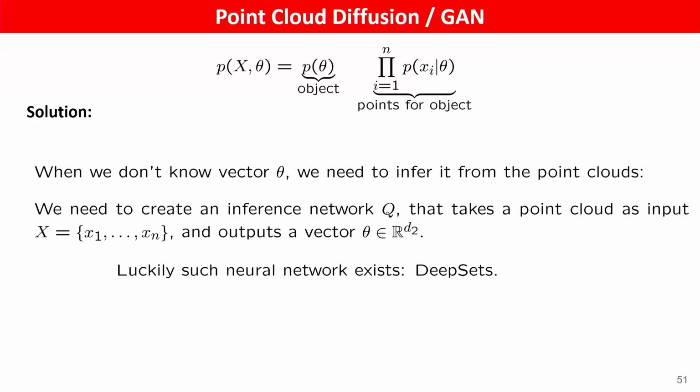So we need a neural network that can take a set as an input and predict a class label of what kind of object we are generating. But luckily, there are neural networks like that. One of them we developed is called DeepSet that can do that too. And that can be plugged into these diffusion models to create point cloud GAN generation or point cloud diffusion generation.